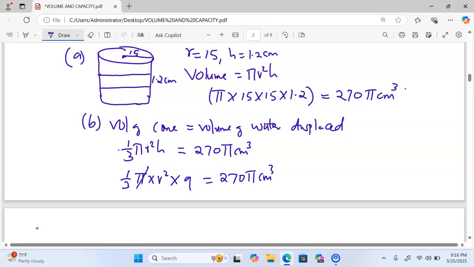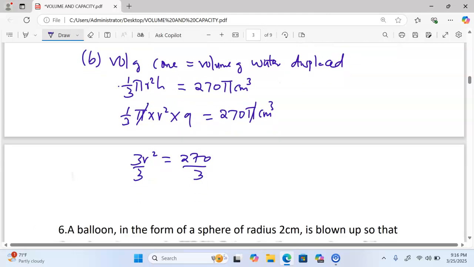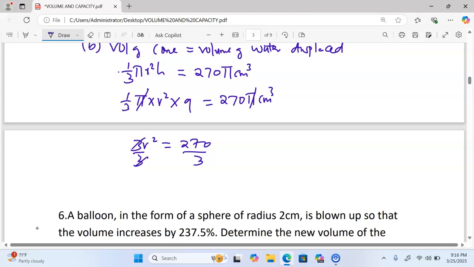Pi and pi can cancel, such that we have a third times 9, you get 3, r squared being equal to 270. If you want to remain with r squared, you divide both sides by 3, such that 3 and 3 cancel.